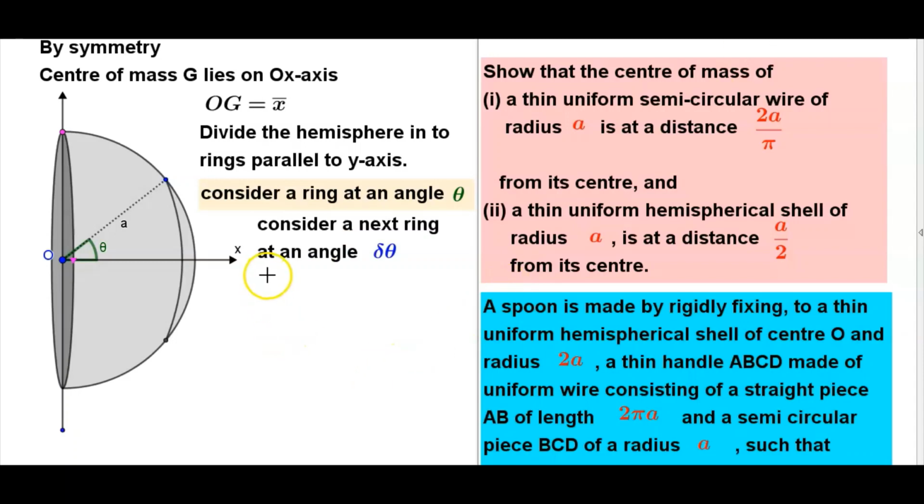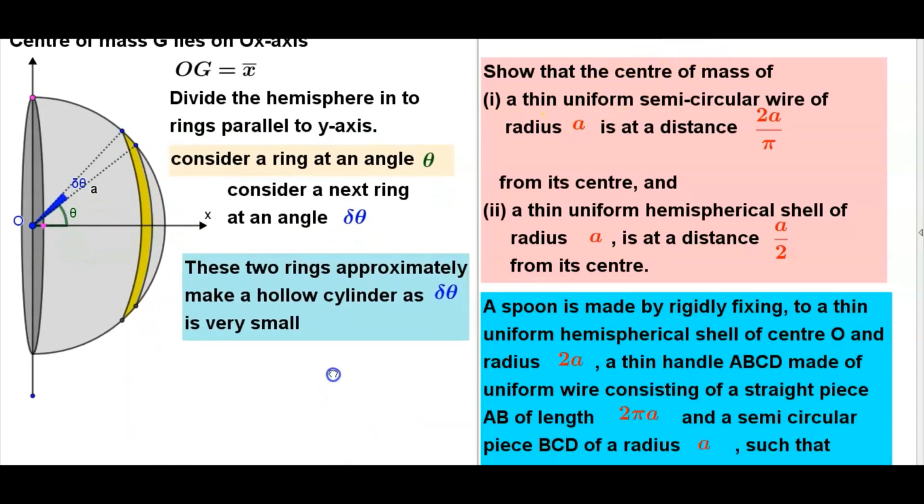Consider the next ring at an angle delta theta, very close to this one. This is a very small angle, that is why we mention it as delta theta. Next ring.